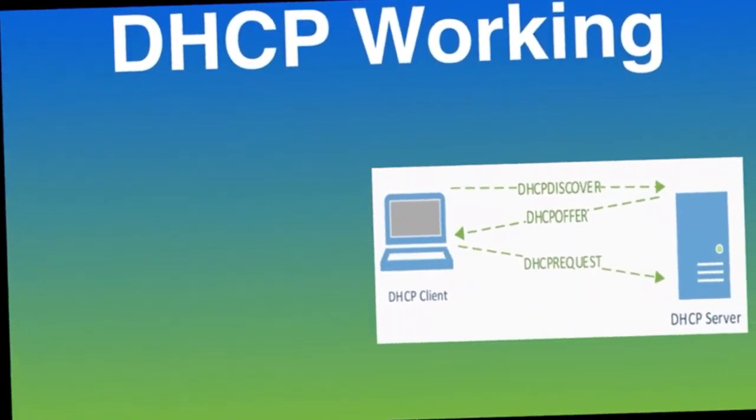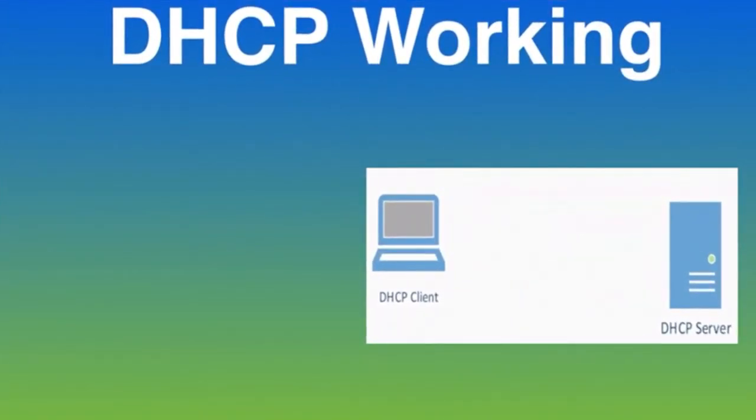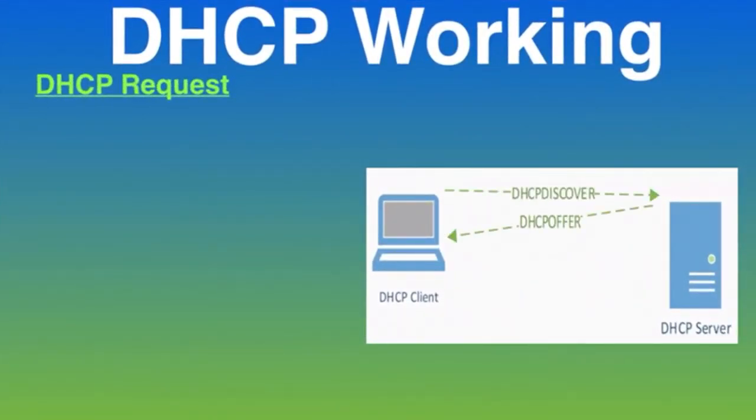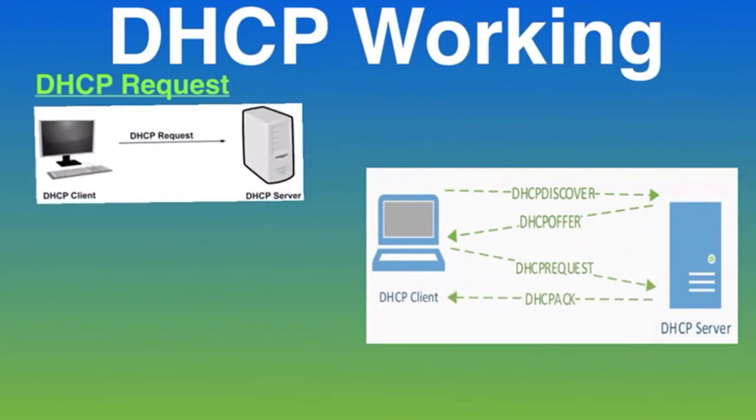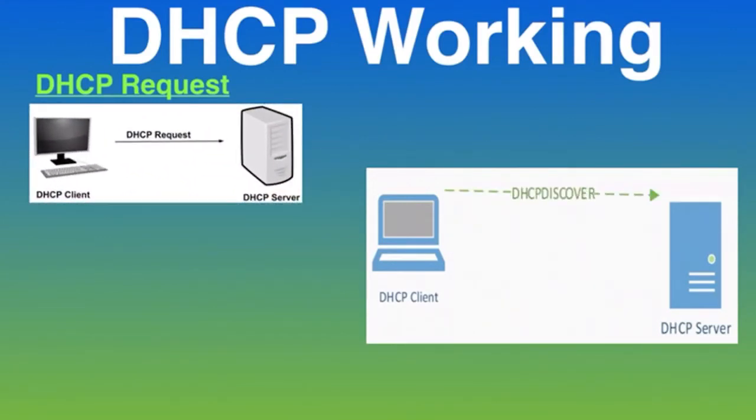Third step is request. In this step, in most cases, the client can receive multiple DHCP offers because in a network there are many DHCP servers. If the IP addressing of one server fails, then other servers can provide backup, but the client will accept only one DHCP offer.